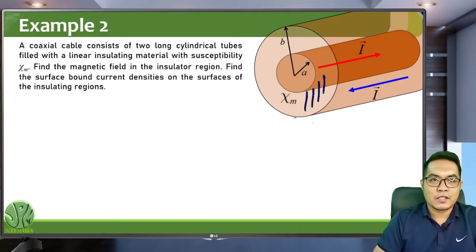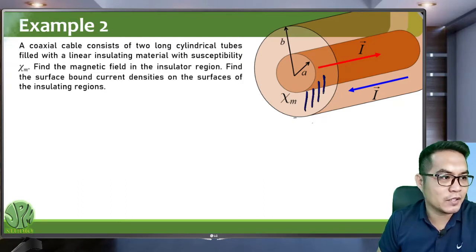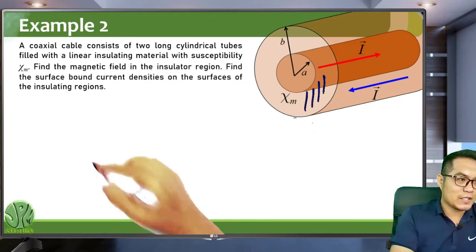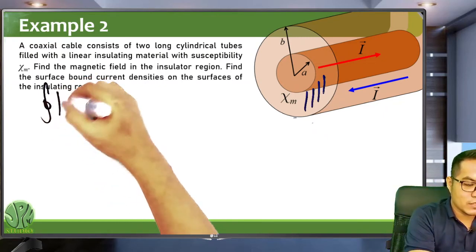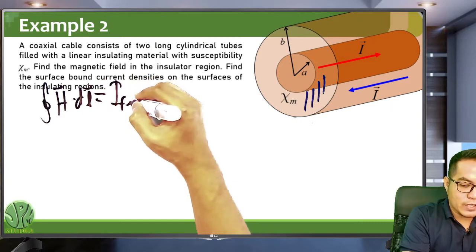Okay, so you are asked to find the magnetic field in the insulator region first, and find the surface bound currents on the surfaces of the insulating region. So let's first solve for the magnetic field in the insulator region. We use Ampere's law again for magnetized objects. So the closed line integral of H dot dl is equal to the free current enclosed.